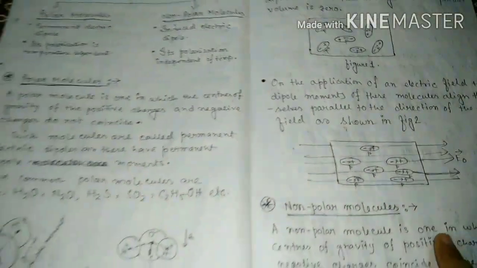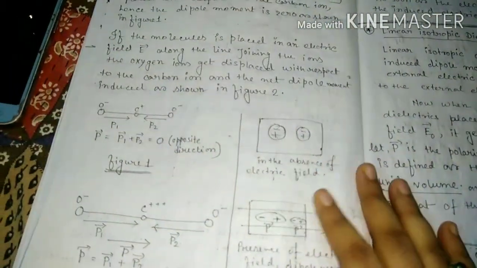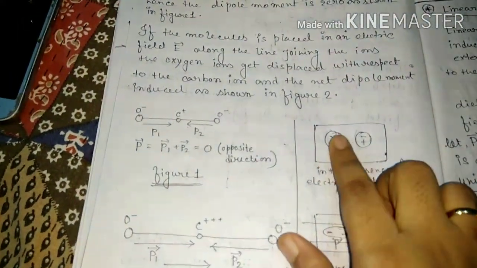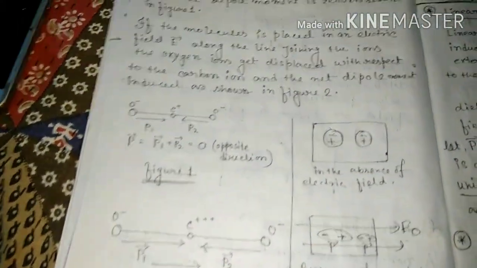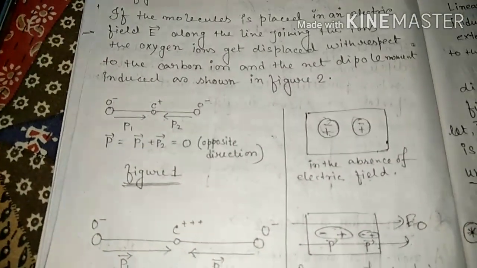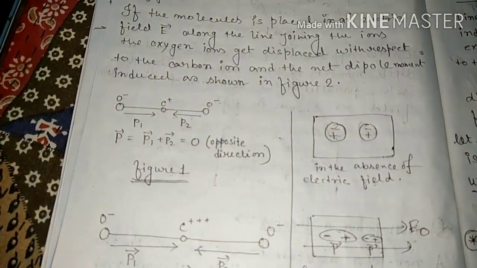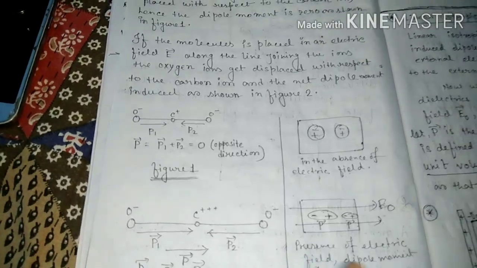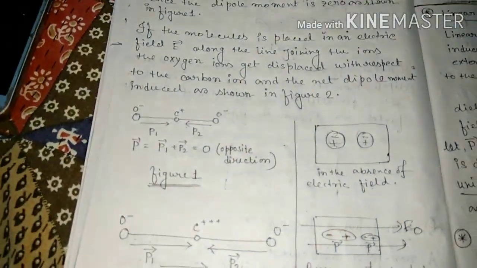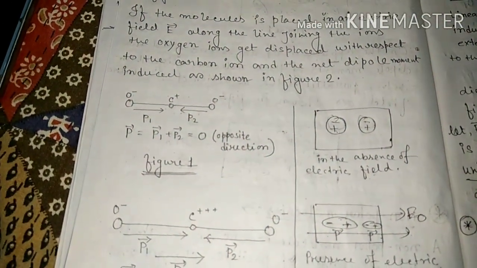But in the case of a non-polar molecule, the centers of gravity of the positive charge and negative charge coincide with each other, which means they do not have an electric dipole.